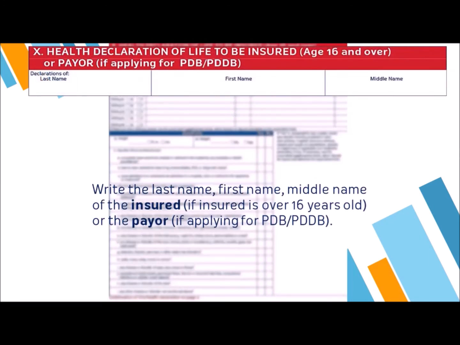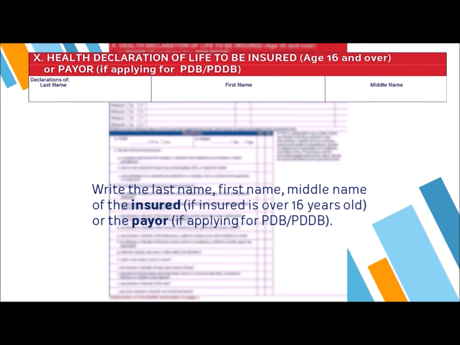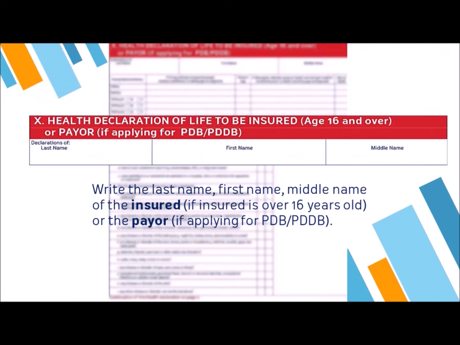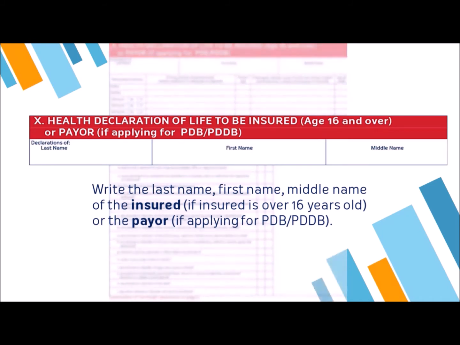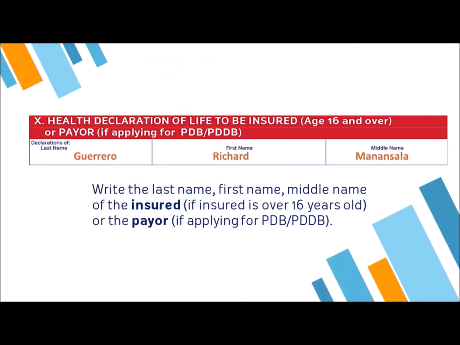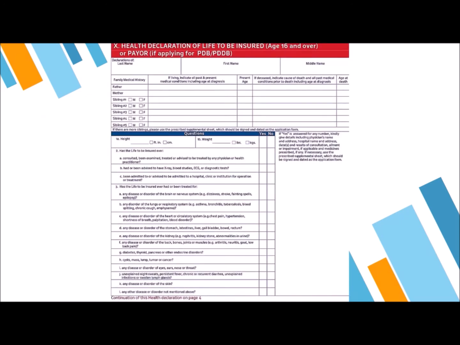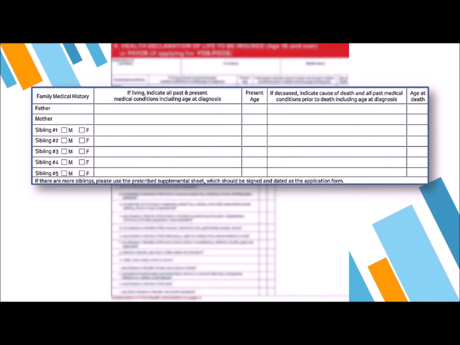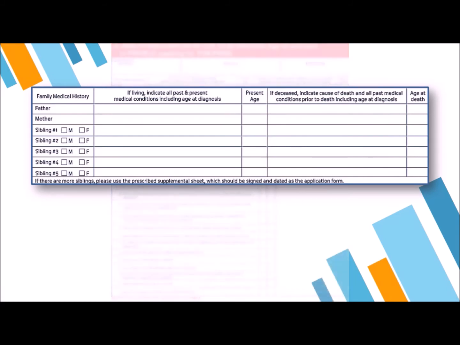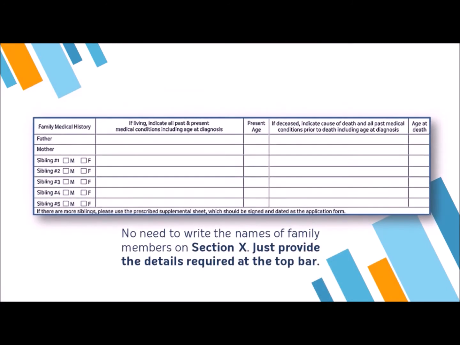On this space, you are to write the last name, first name, middle name of the insured or the payer. No need to write the names of family members on Section 10. Just provide the details required at the top bar.